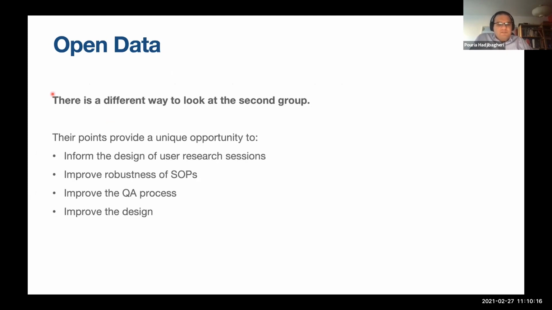They improve the robustness of our standard operating procedures, in that we could add X and Y to our checklists so we make sure that X or Y are correct, or if we have been doing that, we could look out for certain things that we weren't looking for before. That improves our QA process, and we can improve our design to make sure that people do not misinterpret things, or inform them better.